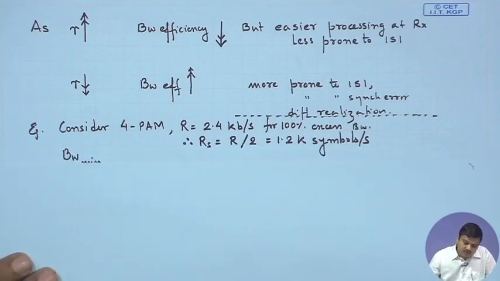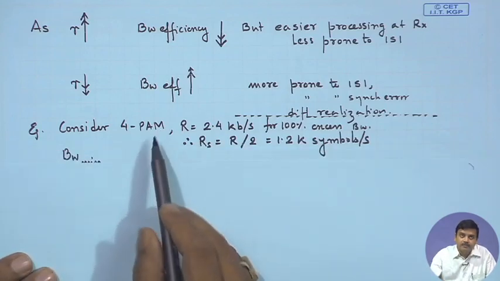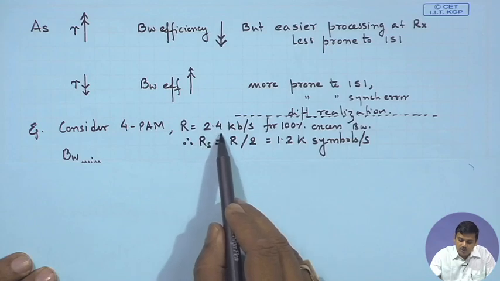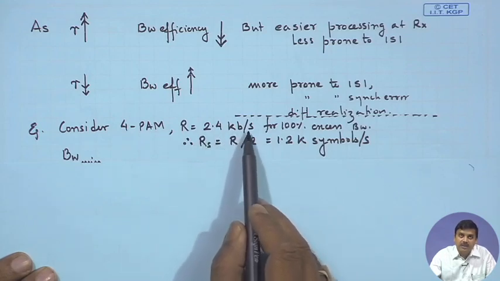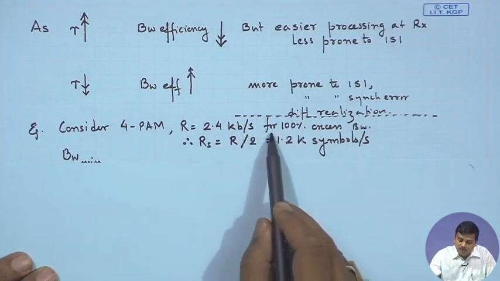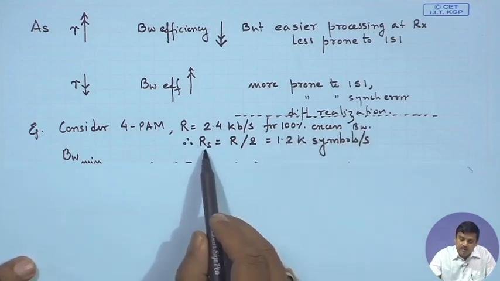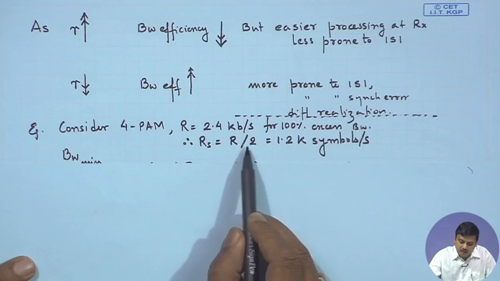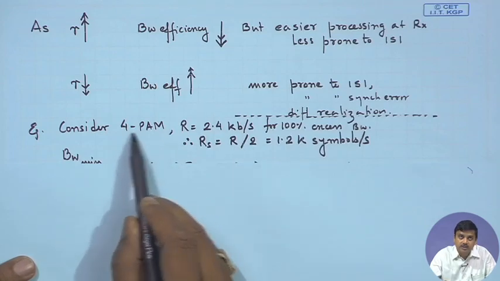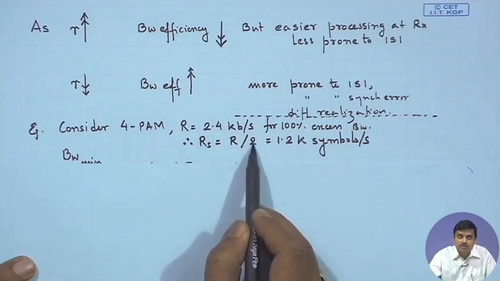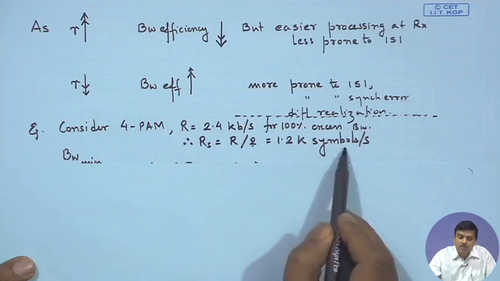So, as an example, if you take 4 PAM and R is equal to 2.4 kilobits per second, for 100% excess bandwidth, that means the roll-off factor is 1, you are going to get Rs is equal to R by 2, because there are 2 bits per level. So, you have 1.2 kilo symbols per second.